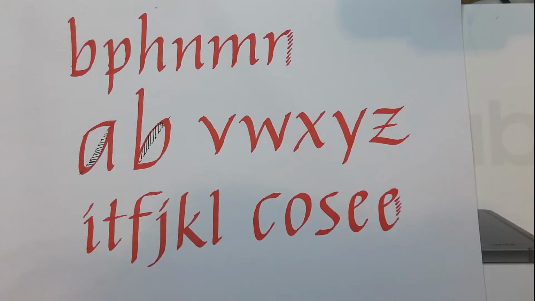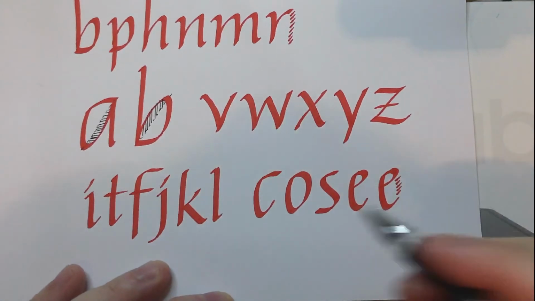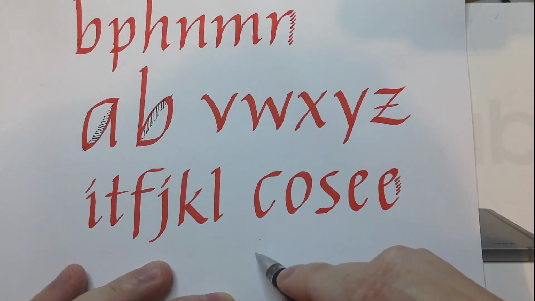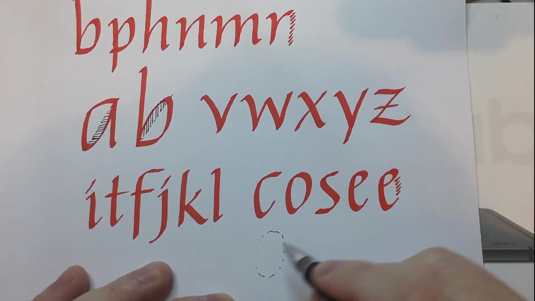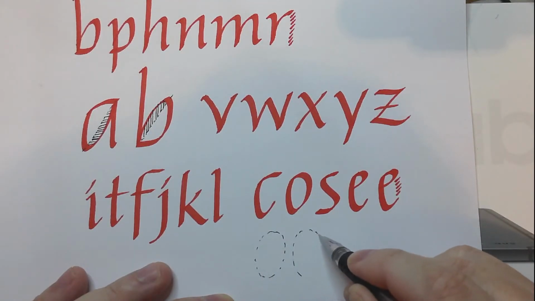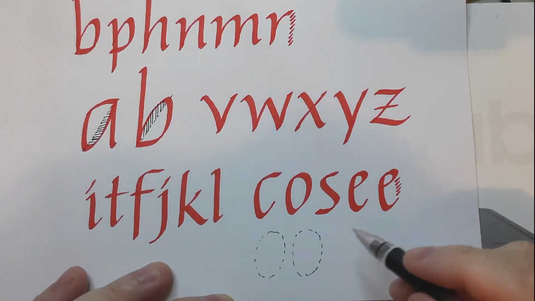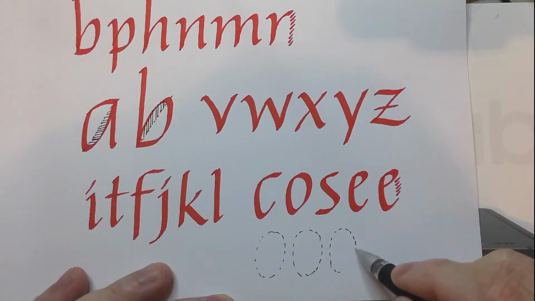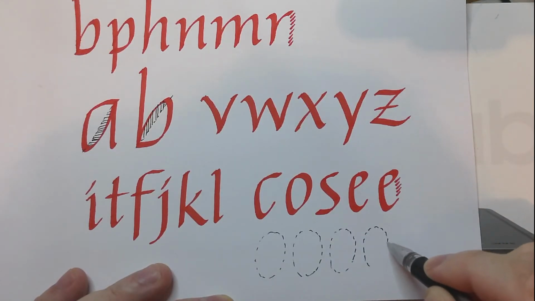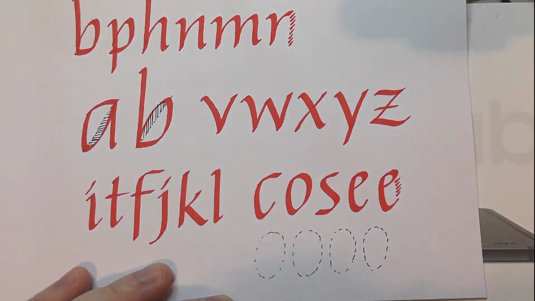Let me just draw that shape so that it's more clear. So the shape is like this. It's like an oval egg, so to speak. And so now we're going to redraw those letters, and you can see that they really fit within that egg, within that oval shape. Okay.